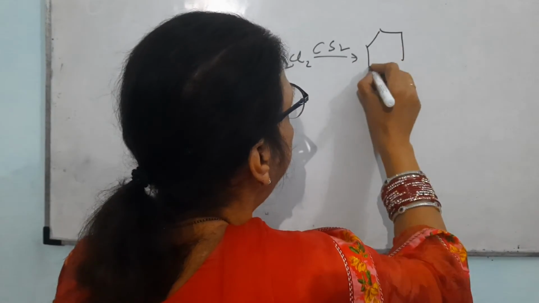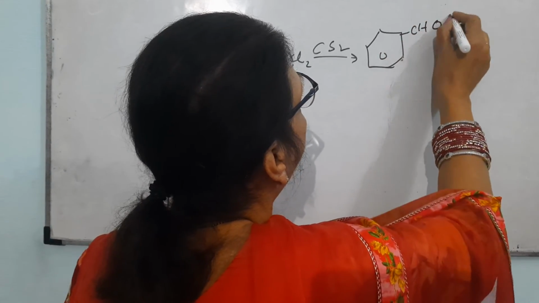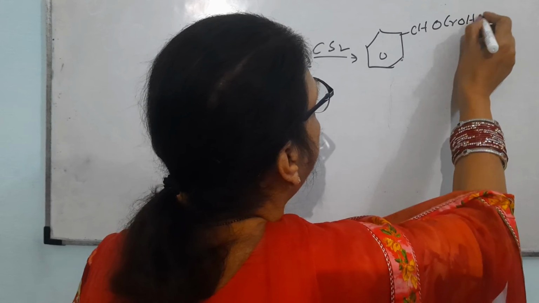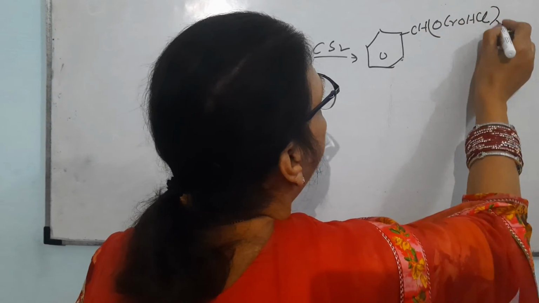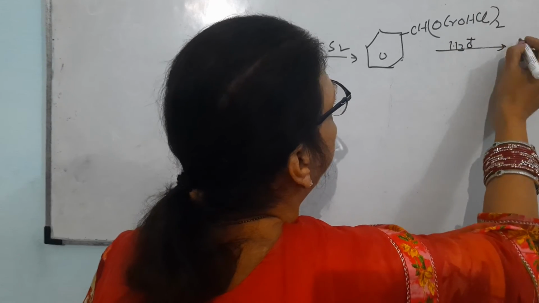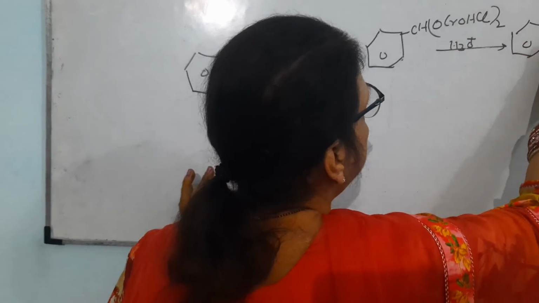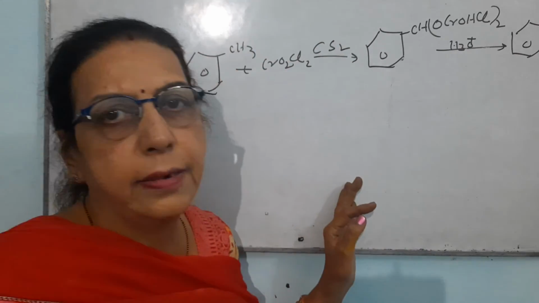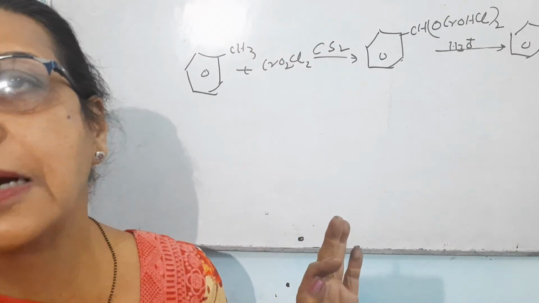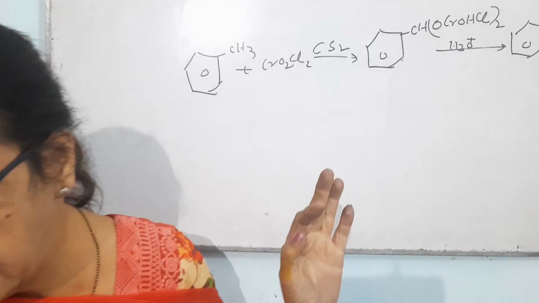Initially there will be formation of the intermediate C6H5CH(OCrOHCl)2, and later on in the presence of water the hydrolysis takes place and it will be converted in the form of benzaldehyde.